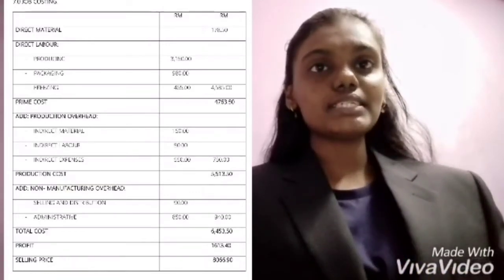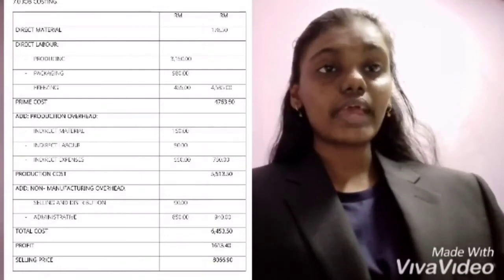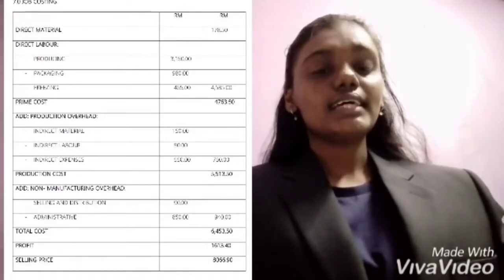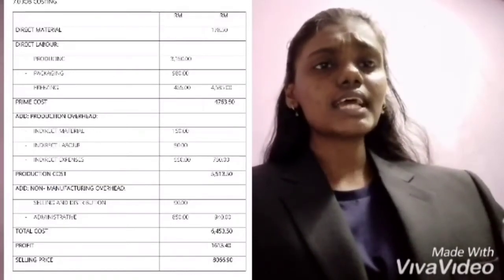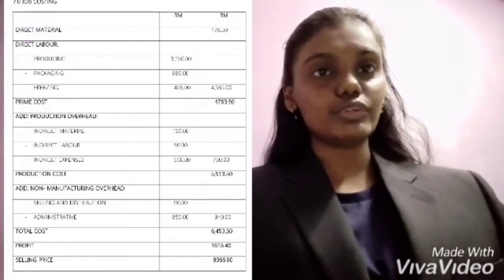For example, administrative staff carry out various functions within an office environment to make sure administrative duties are carried out smoothly, so the salary given to them is considered a non-manufacturing cost. The salary of the administrative staff is around 850.